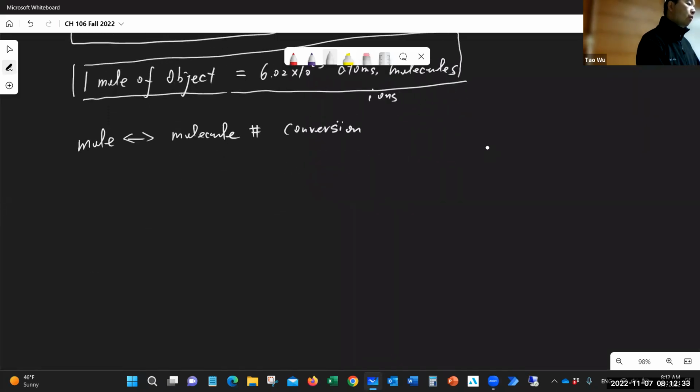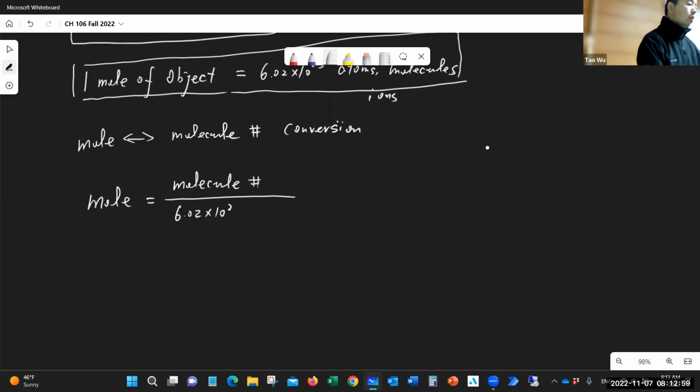So now we know 1 mole. If we want to find the mole of the substance, that's going to be equal to the molecule number divided by Avogadro's number, which is 6.02 times 10 to the 23rd.